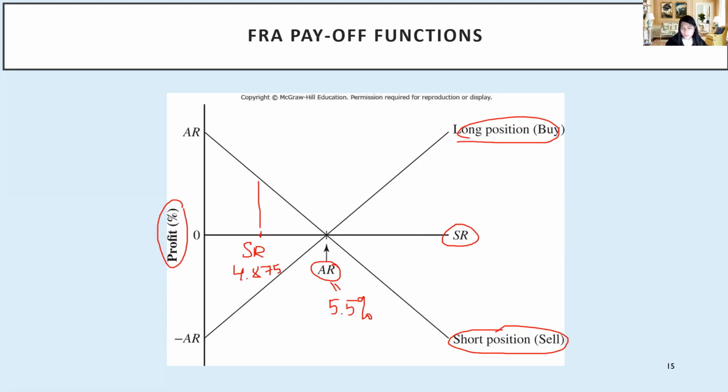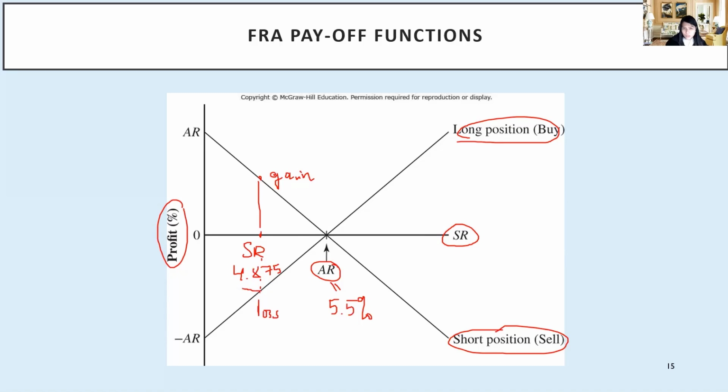Because we're on the left of the agreement rate, the seller, or the short position in the FRA, is going to make a gain, and the buyer, on the other hand, is going to make a loss.